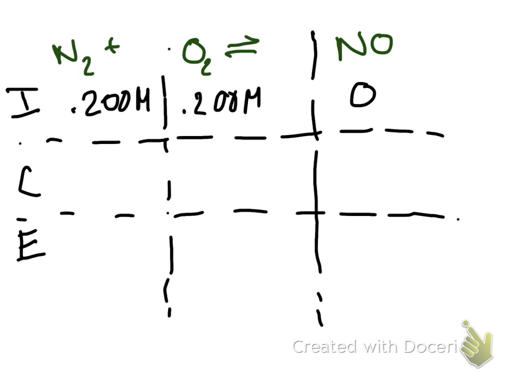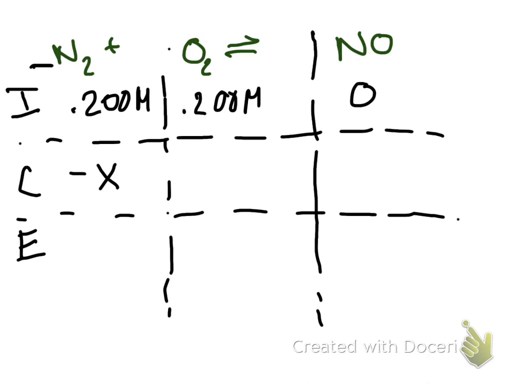This is the tricky part. We aren't given any information about our change. So we're going to say, okay, nitrogen is going to change by X. X number of moles of nitrogen is going to react. So nitrogen is going to lose, that's why it's minus, X moles of its initial amount.